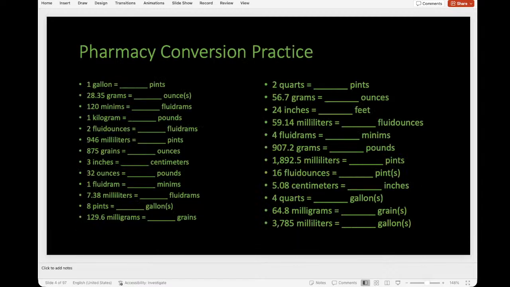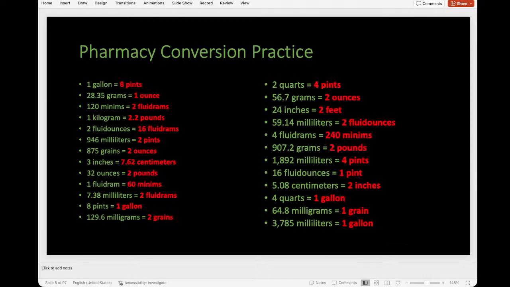So moving on, these are just some pharmacy conversion practice prompts that you all can use to practice with. These are just some random questions, and you guys can take the time to practice these.